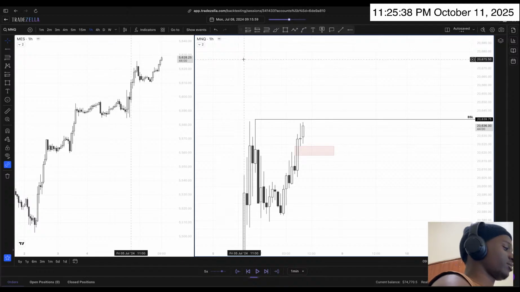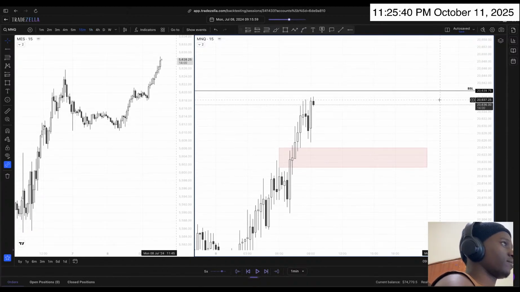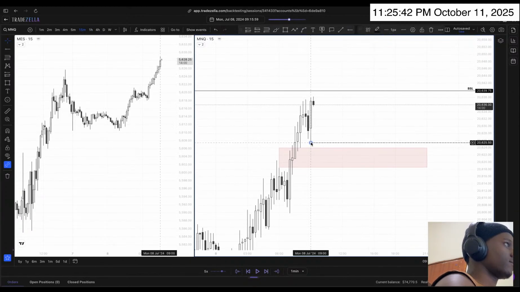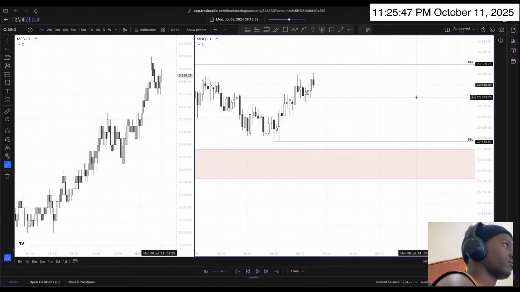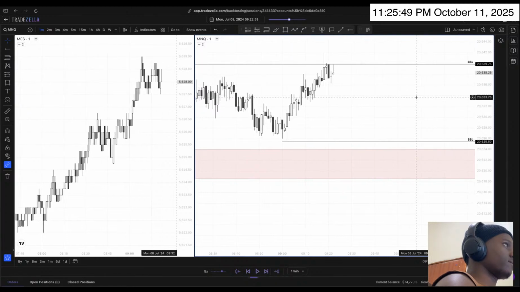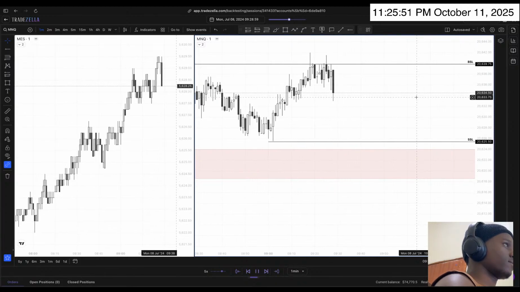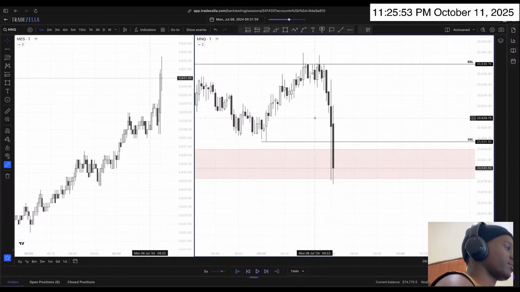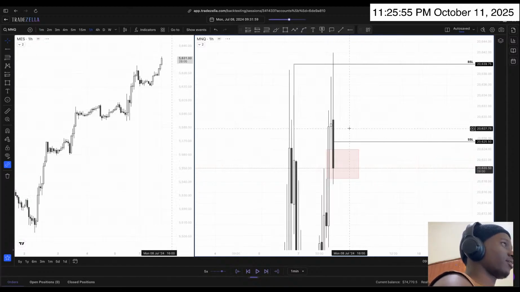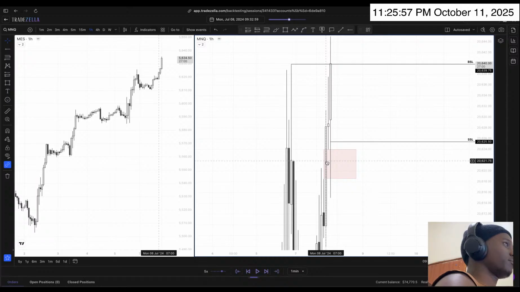This high was already run. We'll run the lows here. Check the 15, nothing. 1 hour. Retracement.